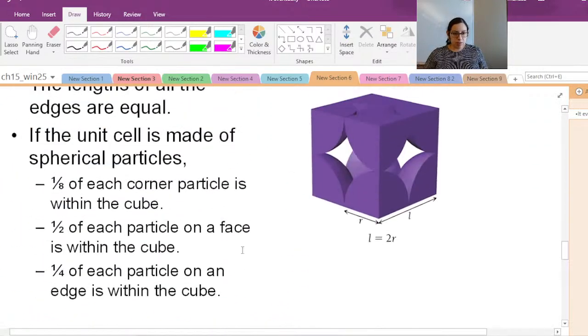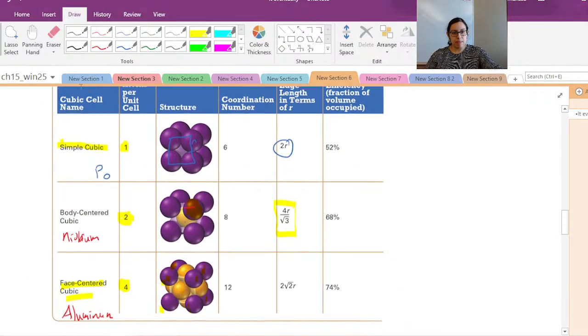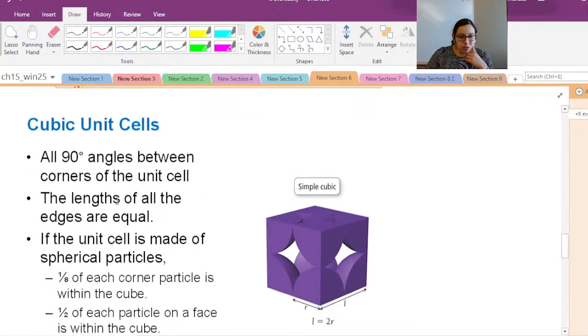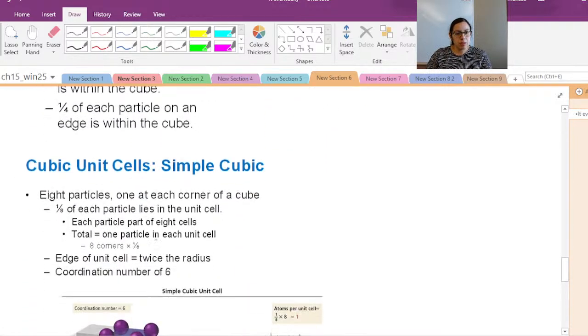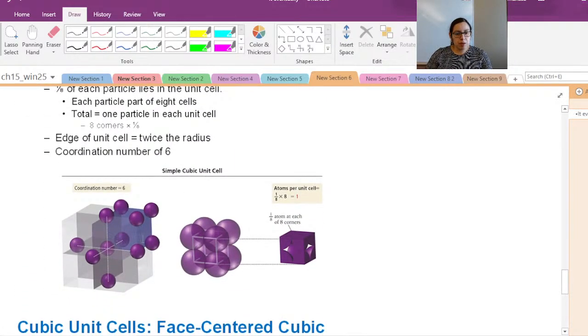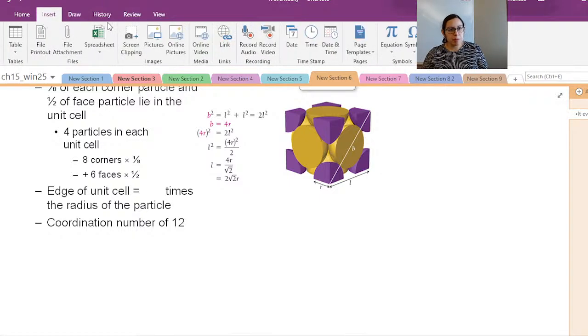All right, so this just goes through, again, this essentially. So now it's just words, 90 degrees, it's a cube. And then simple cubic again, so that's just detailed information. And then, I apologize, I didn't put the problem in apparently.